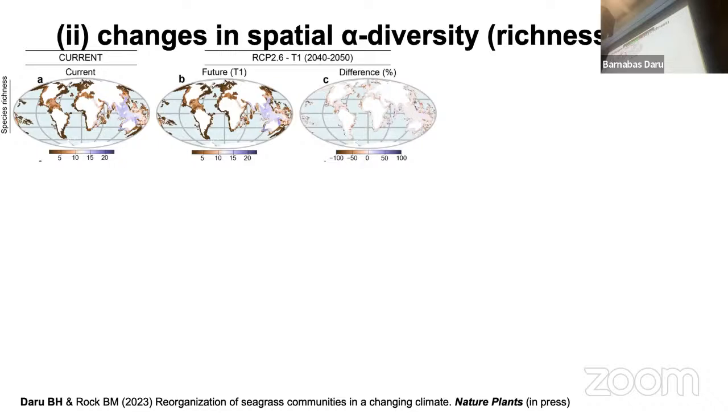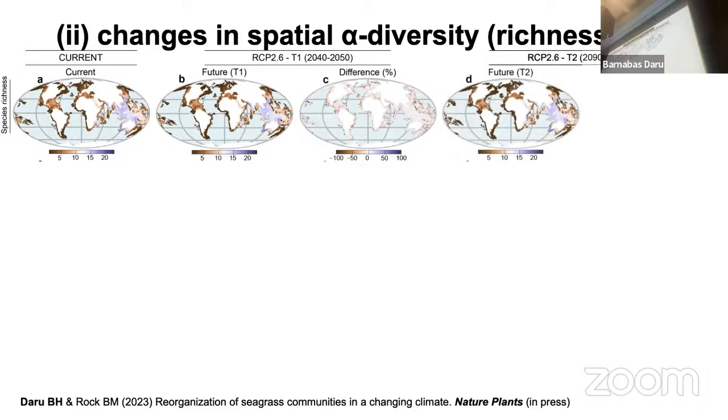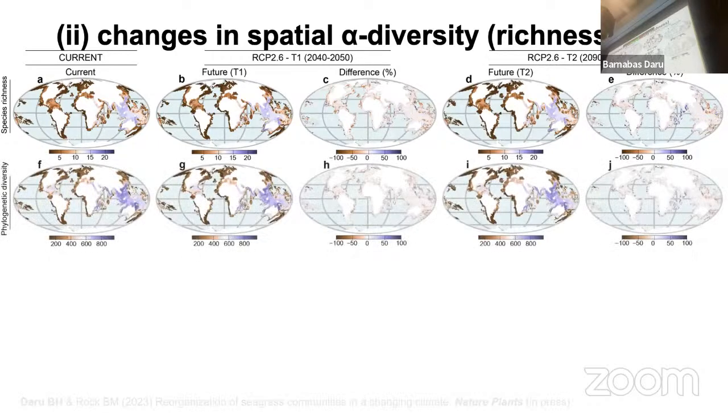And then we projected that also to the end of century scenario in 2100, and we took the difference as well. And so we also repeated the same for changes in phylogenetic diversity. So phylogenetic diversity simply quantifies the length of branches from the tip of the phylogenetic tree to the root of the phylogenetic tree to encapsulate the shared relatedness of organisms.